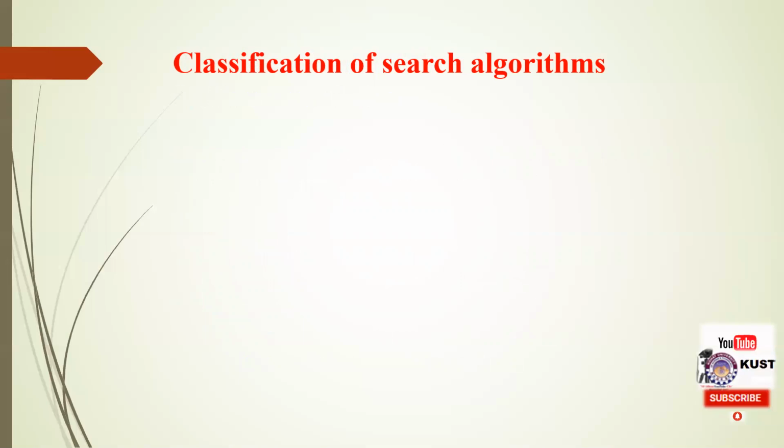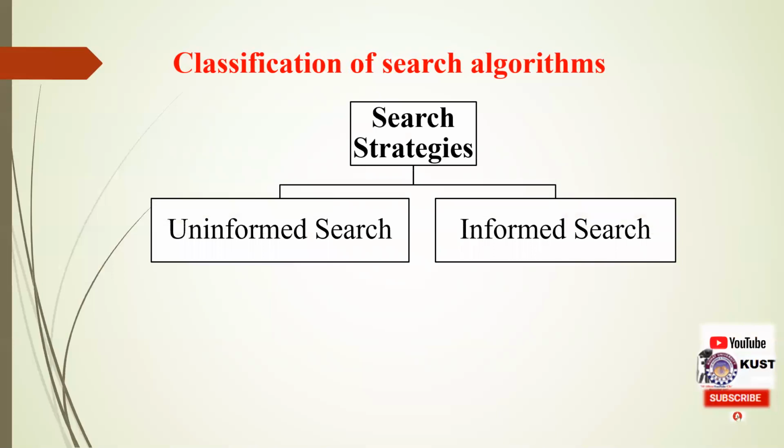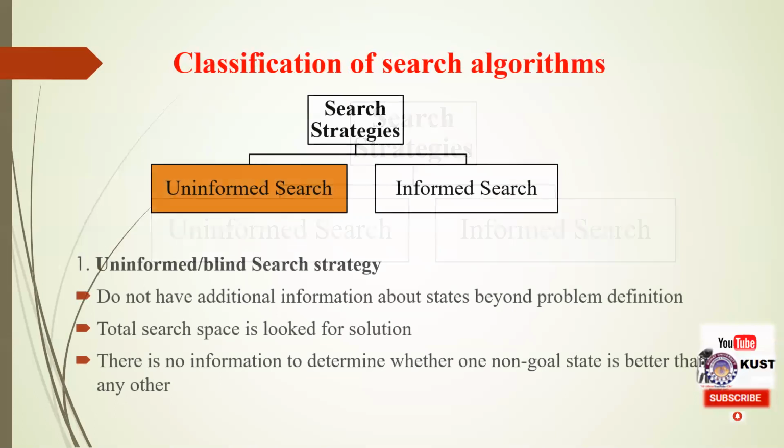Based on the information about the problem available to the search strategy, we can classify the search algorithms into uninformed search and informed search strategies. The uninformed search algorithms use no information about the problem to guide the search and therefore may not be very efficient. They are therefore known as blind search strategies.